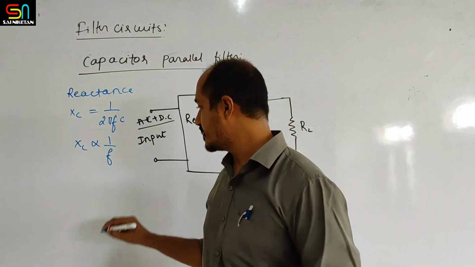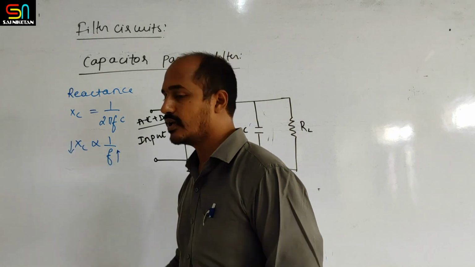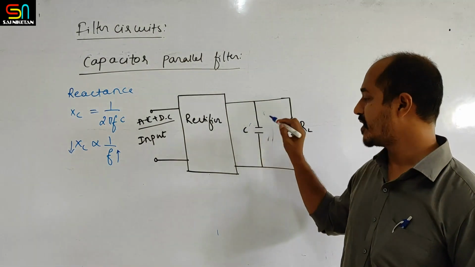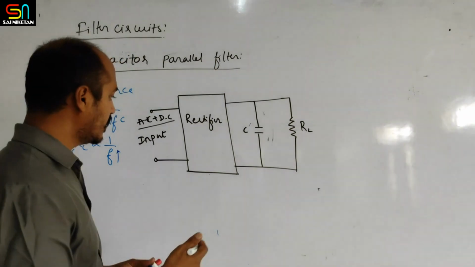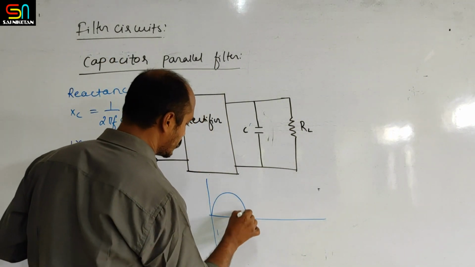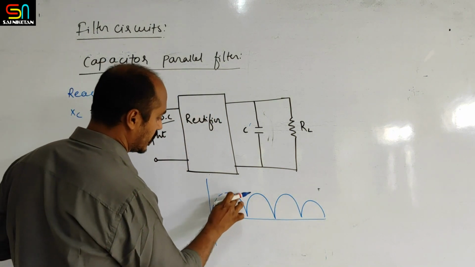Meaning as the frequency increases, this XC, the resistance of this capacitor, decreases. I am showing the output of the rectifier by a dotted line.